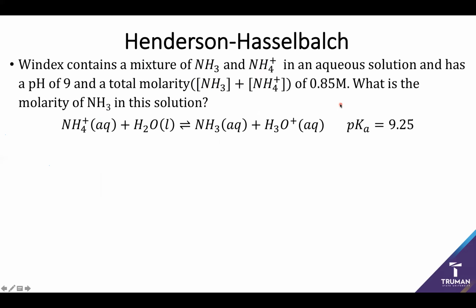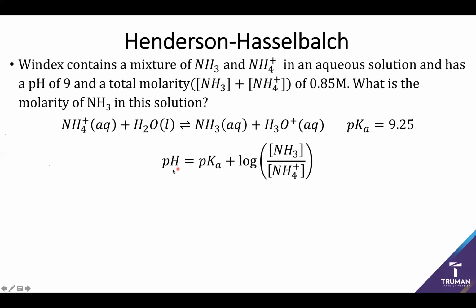Now the issue is that I'm not sure whether it's mostly present as the base form, ammonia, or the acid form, ammonium. Hard to tell. The fact that the pH is less than the pKa probably means I've got a little bit more acid than base, but let's try to figure out the exact molarity.